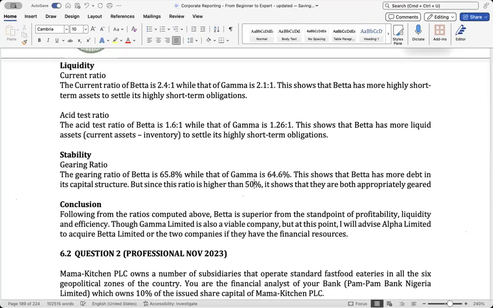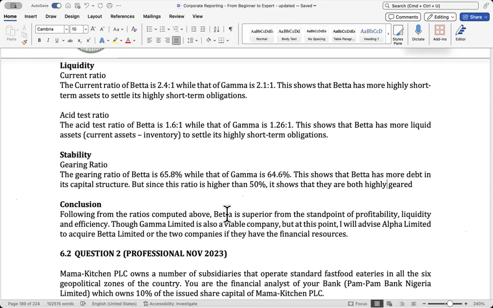Because apparently they used debt over debt plus equity to get their ratio. So both of them are highly geared. That's what it means.